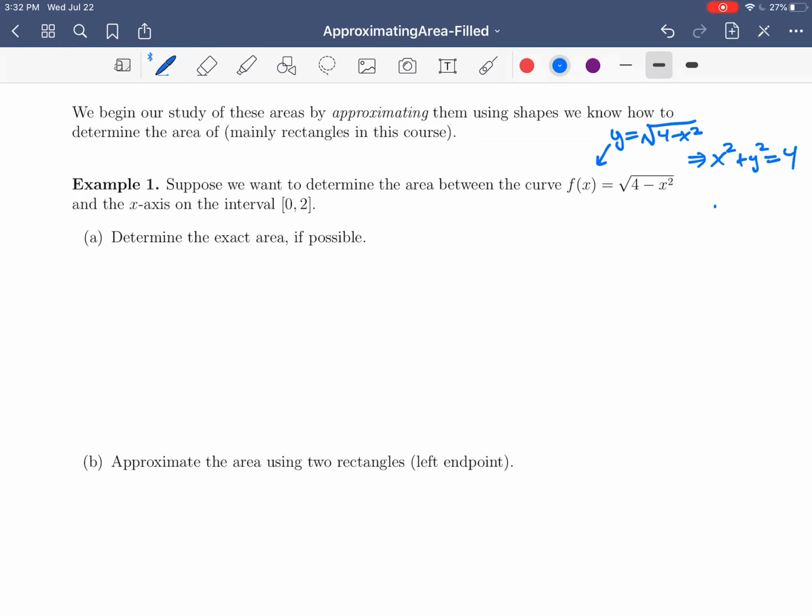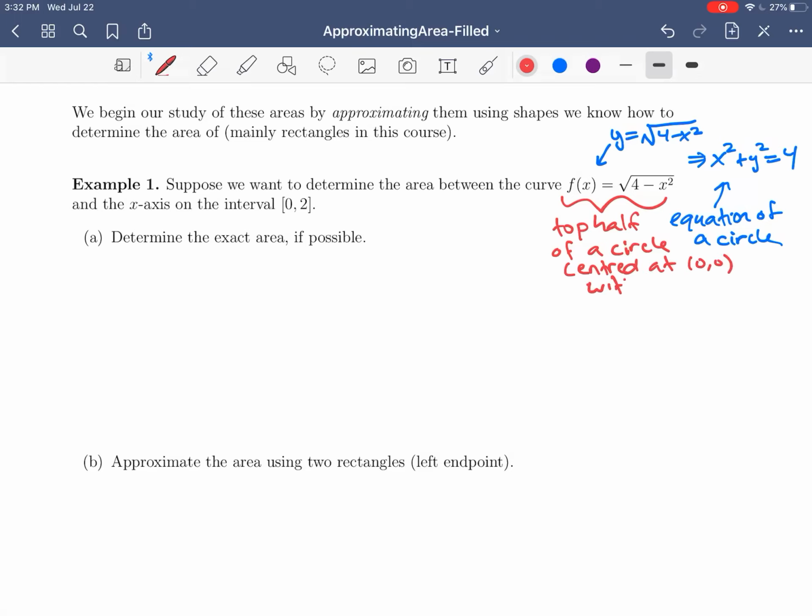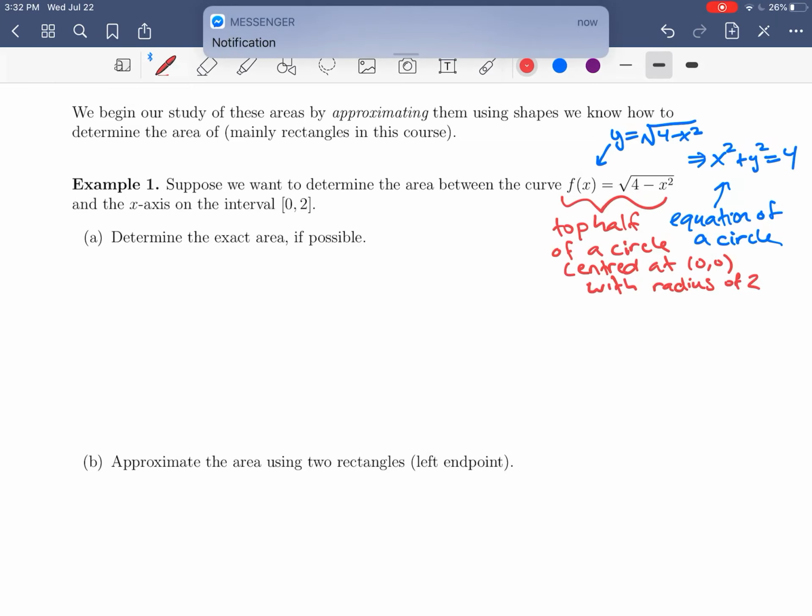This is the equation of a circle. So the f of x here is the top half of the circle, centered at 0, 0 with radius of 2, so square root of 4.